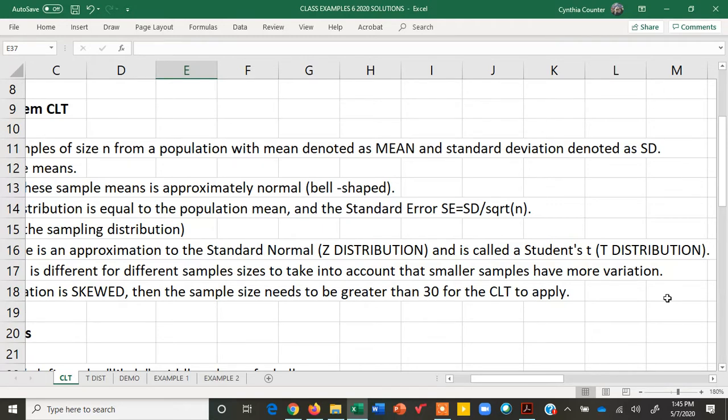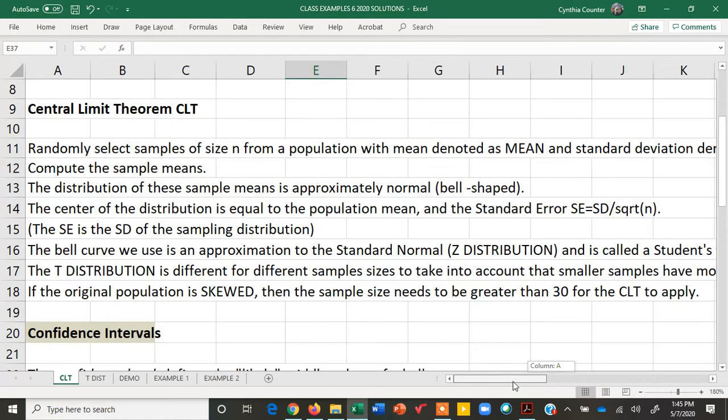Hence, the distribution will have less variation, and you will have a smaller standard error, which would then give you a thinner bell-shaped curve that gets closer and closer to the z distribution or the standard normal. But the t distribution takes into account that smaller samples have more variation, so it's dependent upon the sample size, so it's different for different sample sizes.